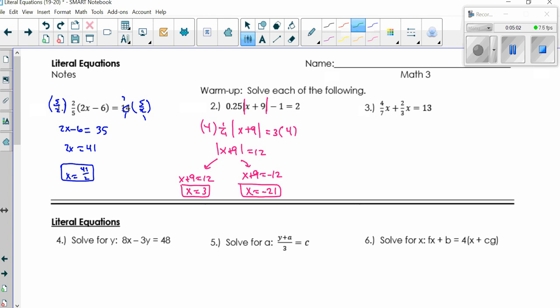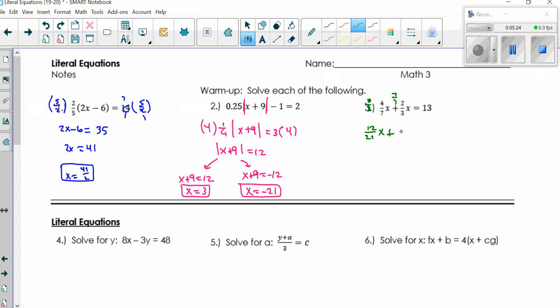All right, over here I have fractions. These are like terms, they just need common denominators in order to add them. So I'm going to make the common denominator 21, which means here I'll be multiplying by 3 over 3, and here by 7 over 7. So 3 times 4 is 12 over 21x.